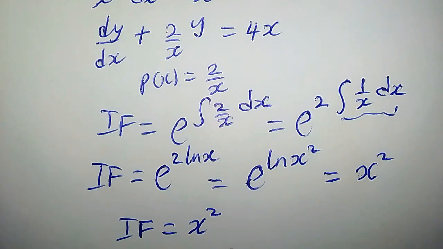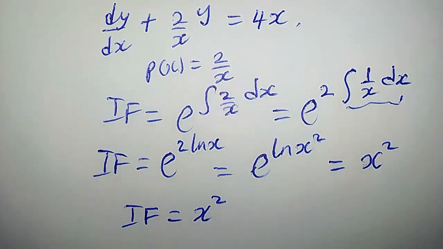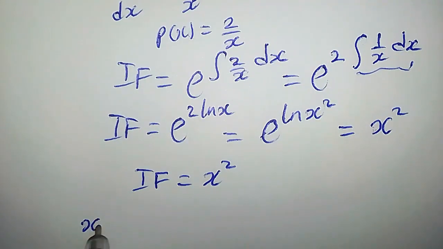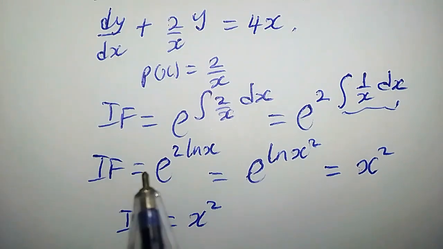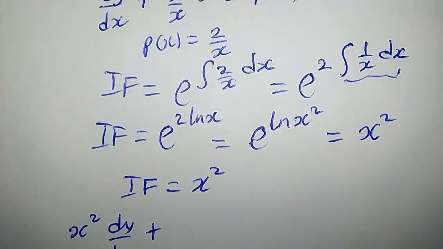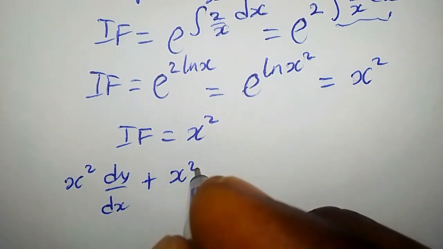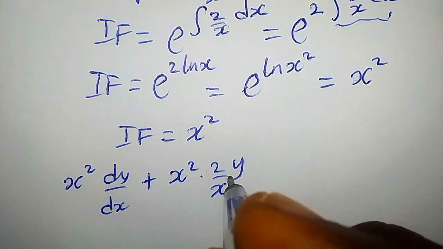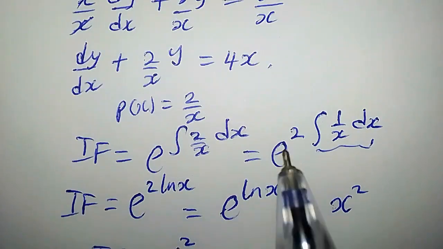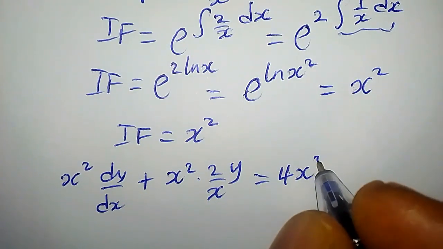The next step is to multiply this equation by the integrating factor. So that will be x squared times dy/dx plus x squared times 2 over x times y equal to x squared times 4x, which is 4x cubed.